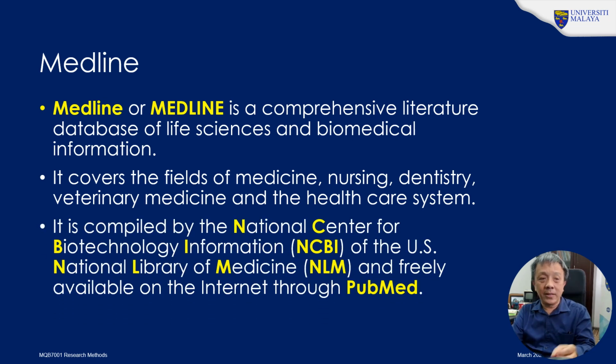It's actually from the NCBI, the National Center for Biotechnology Information, a US National Library of Medicine initiative. It's freely available. You can use PubMed to search. If you don't want to use PubMed or Medline directly, you can use other search engines like Ovid to search Medline or PubMed.